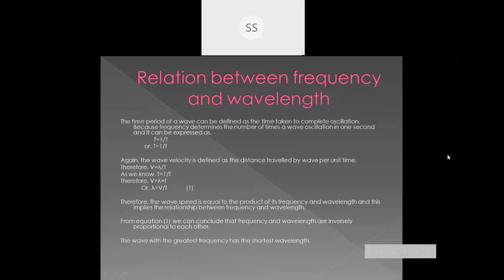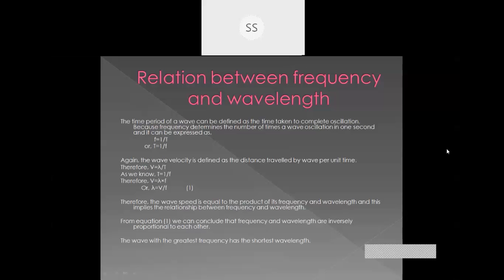Again, the wave velocity is defined as the distance traveled by the wave per unit time. Unit means 1, so the distance traveled in 1 second is the wave velocity, or wave speed.